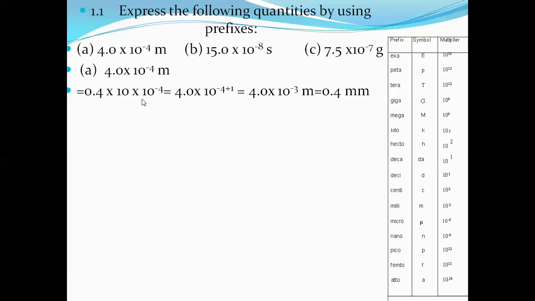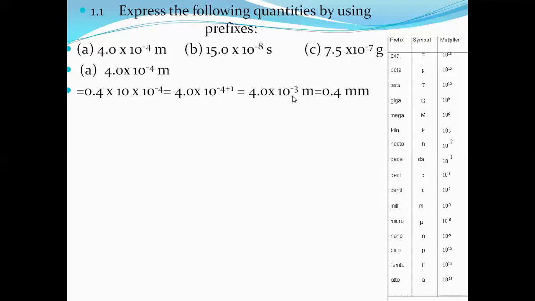The same thing can be written again, multiplied by 10 to the power minus 4. Now these are both in the power of 10 and this is power of 1. So we can write it down as 4.0 into 10 to the power minus 4 plus 1. So when we add these quantities, what do we get? 4.0 into 10 to the power minus 3.